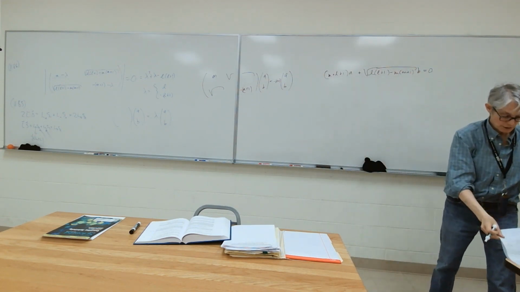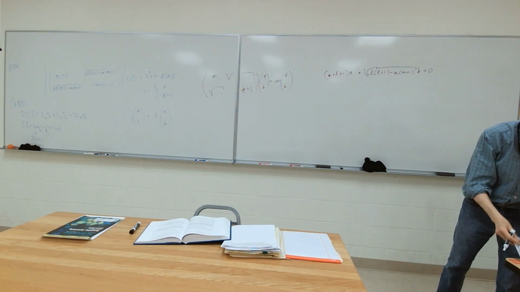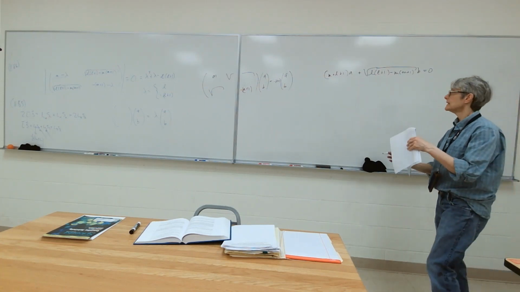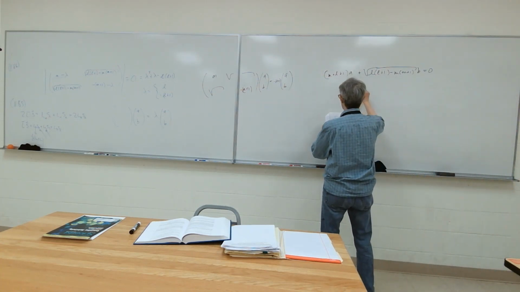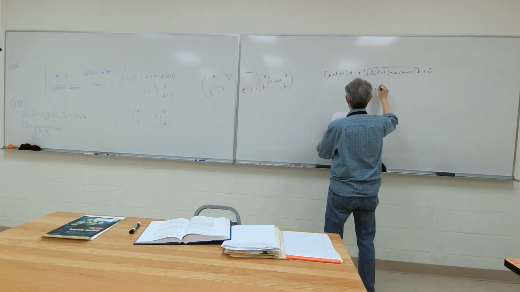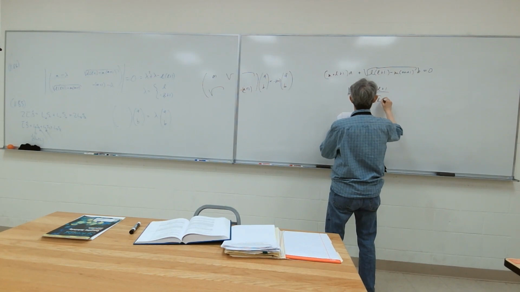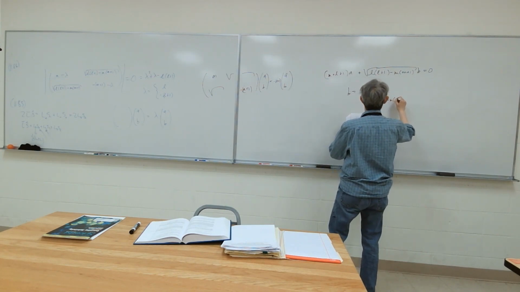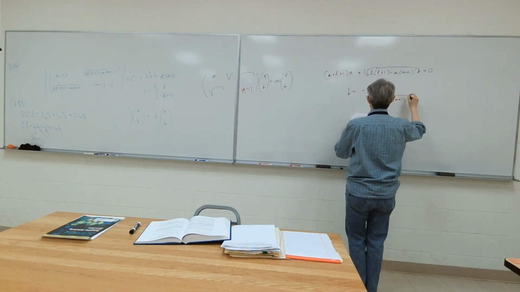I'm going to do it exactly the same way as the other one. That gives me B equals minus M plus L plus 1 over the square root of L times L plus 1 minus M times M plus 1, times A.